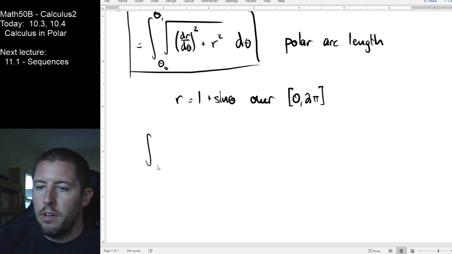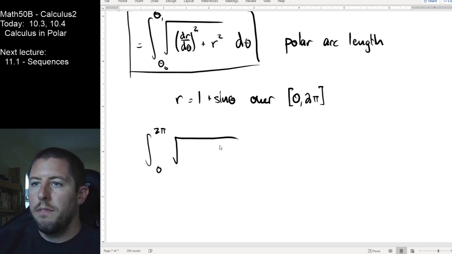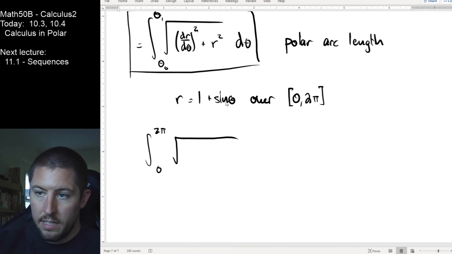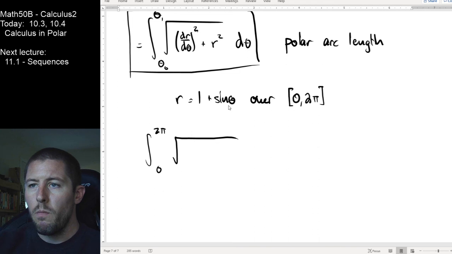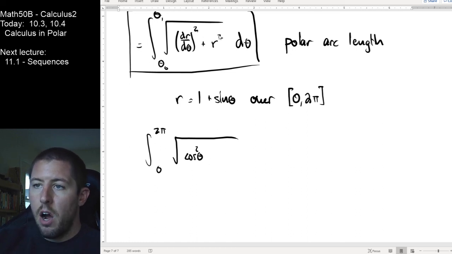So I'm going to do the integral from 0 to 2 pi of the square root of, now, dr d theta squared. Dr d theta, in our case, is just cosine. And so it seems like I'm going to be getting cosine squared plus r squared. Notice that r squared here is 1 plus sine theta squared.